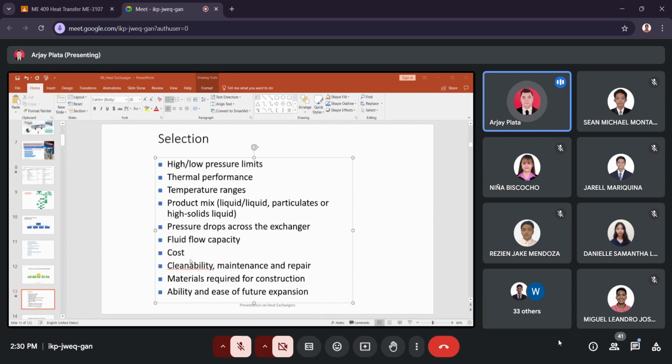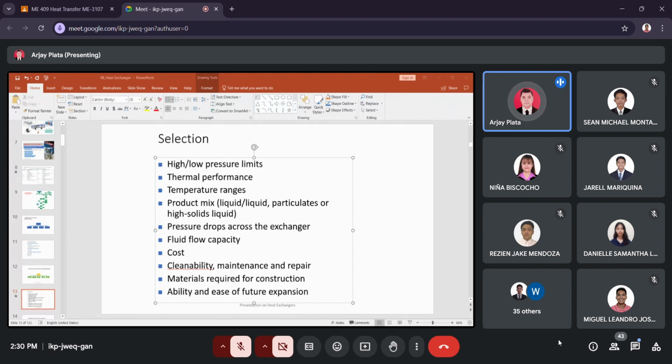For cleanability, maintenance, and repair, it depends on the application or the fluid that is using the heat exchanger. Some fluids are corrosive, so you must use non-corrosive materials like stainless steel or Hastelloy.